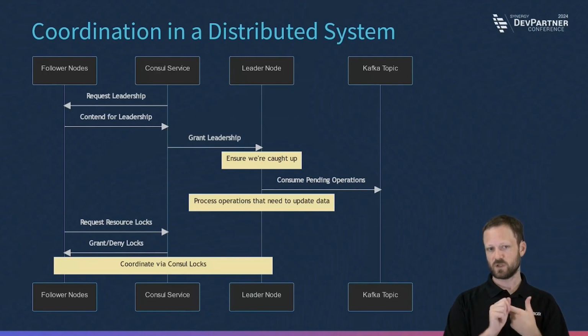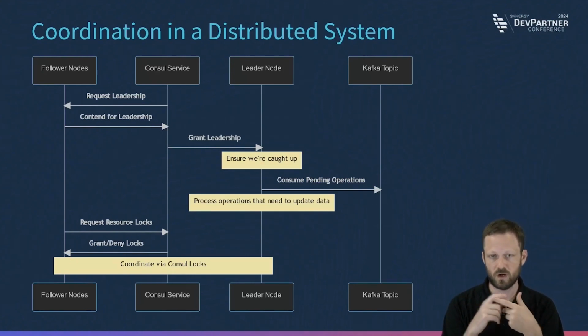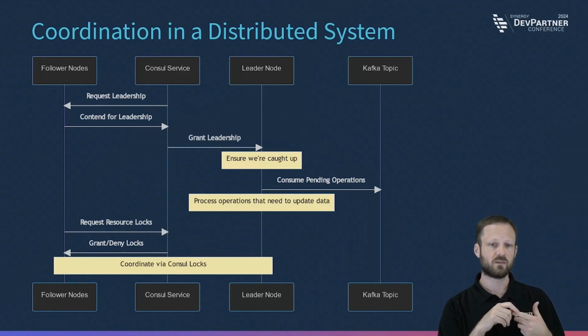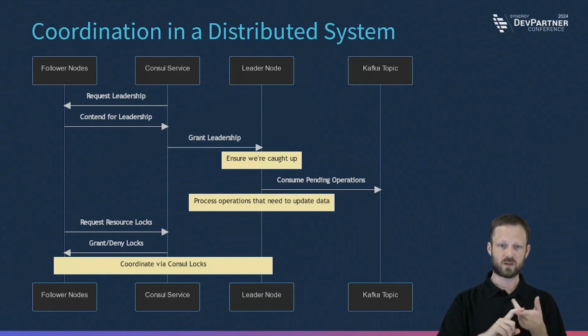So if one of these nodes gets granted leadership, our order of operations is we have to ensure that we have the latest data, so make sure we've caught up in the replication queue. And then we can become the leader and we can start processing new write operations.